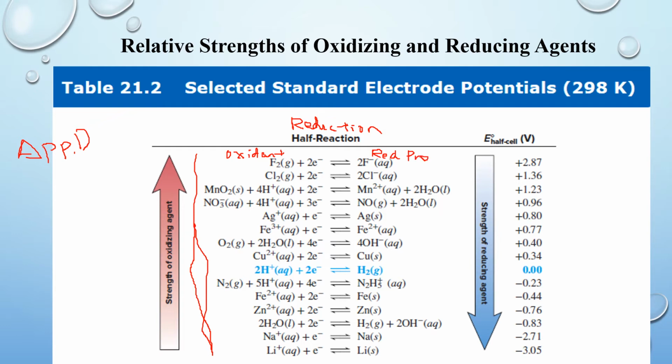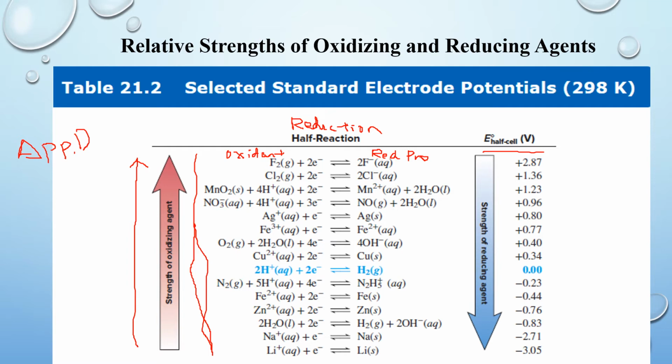If you compare the strength of the oxidizing agent on the left hand side of the reaction, the higher the standard half cell potential, the more positive the standard half cell potential, the stronger the oxidizing agent. You can already know it based on previous knowledge.